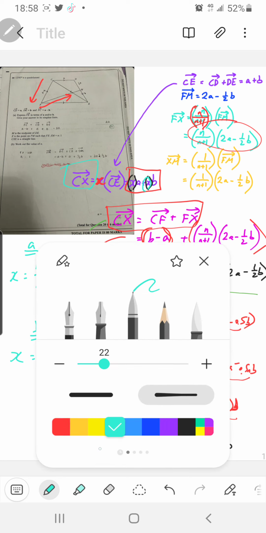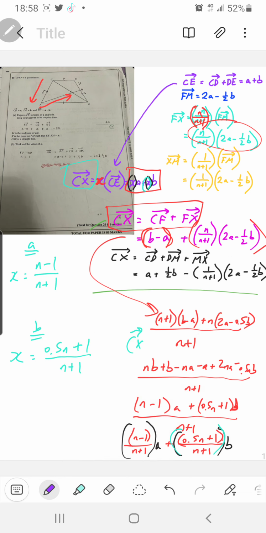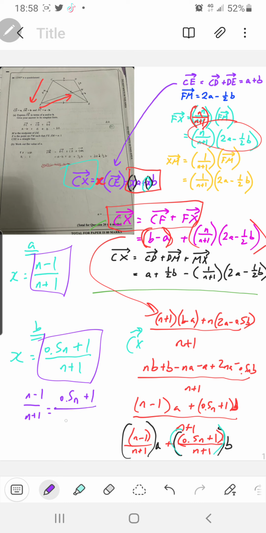Okay, now if you notice one thing, this is an expression for X, this is also an expression for X. So basically it's this equal that. So if you write that out, 0.5n plus 1 over n plus 1. Okay, so you have your algebra equation here. Now think of it this way.